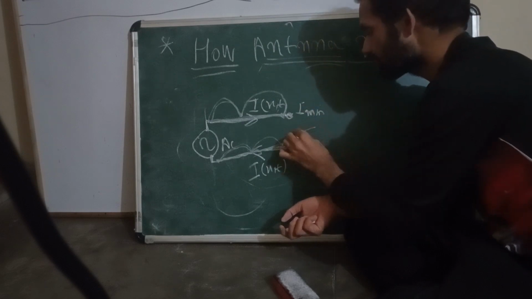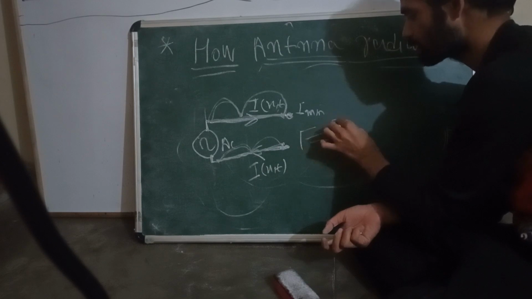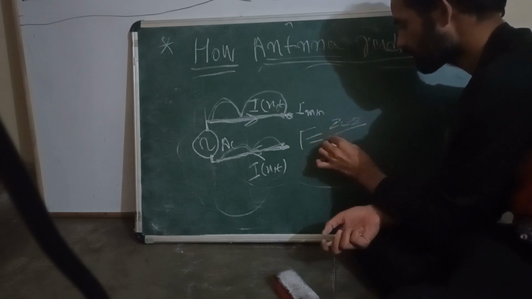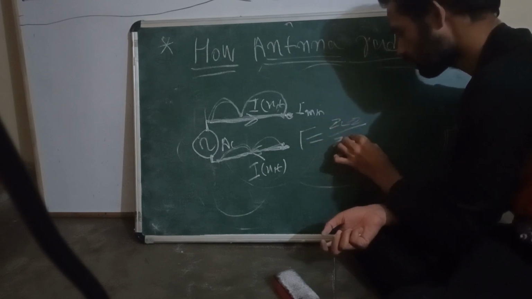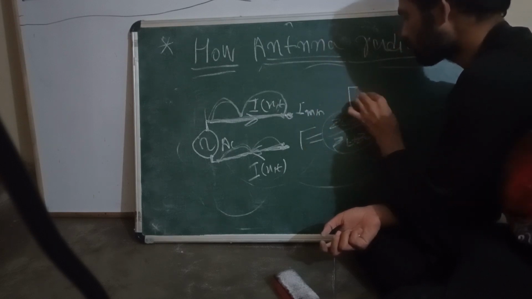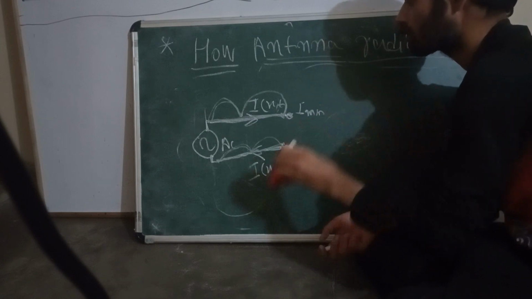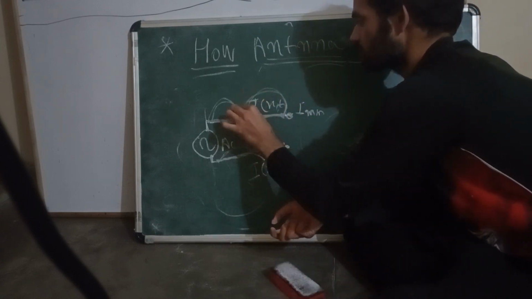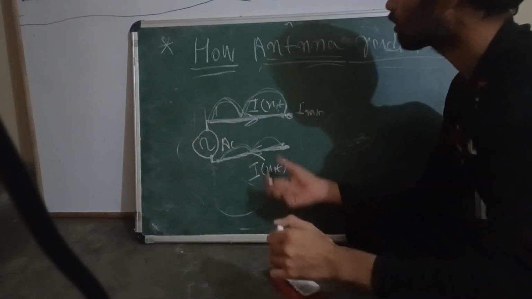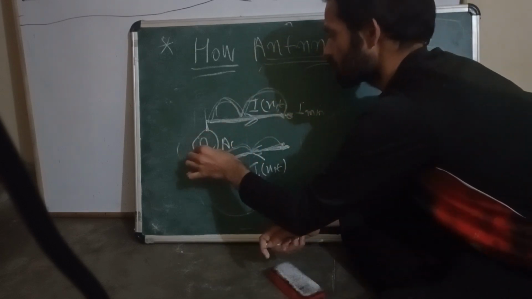If we calculate the reflection coefficient, as we know very well, ZL minus Z0 divided by ZL plus Z0, this reflection coefficient comes to -1. So it will reflect all the current within this transmission line. It will not radiate. This conductor will not radiate.